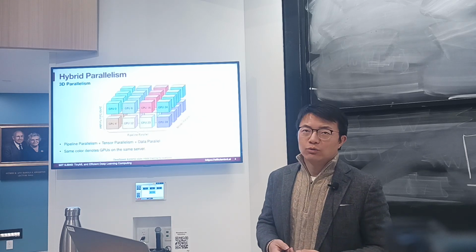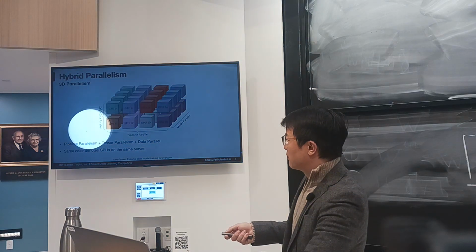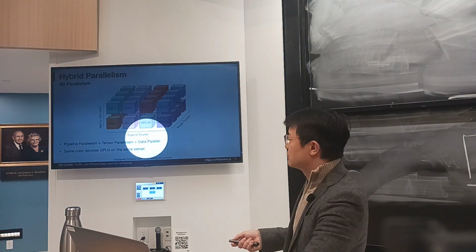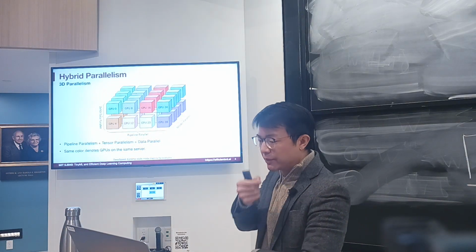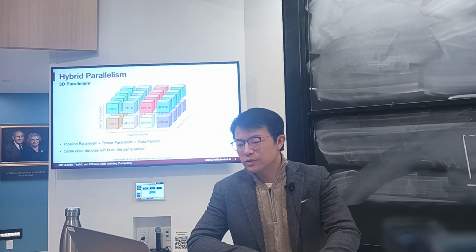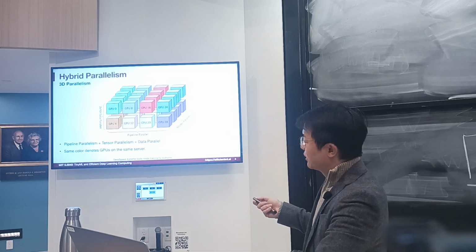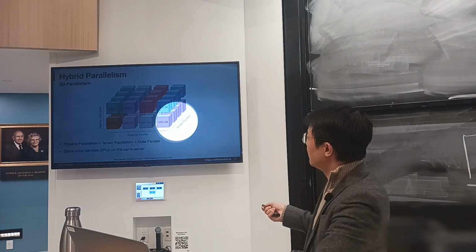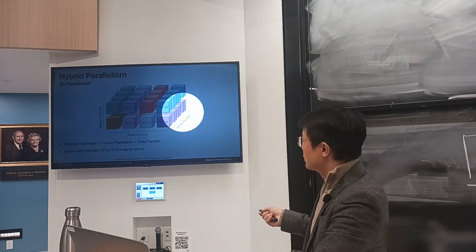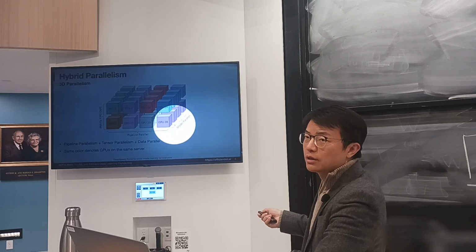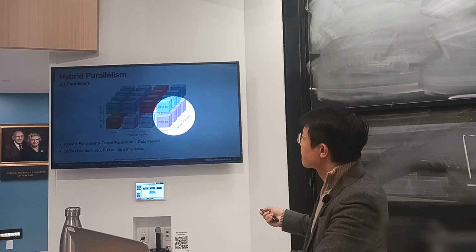We can also have 3D parallelism, combining pipeline parallelism with tensor parallelism and data parallelism. The same color of GPUs are on the same server. You can see within the server, we are doing model parallelism, also called tensor parallelism, since it's the most communication heavy, so we put it in the same server.